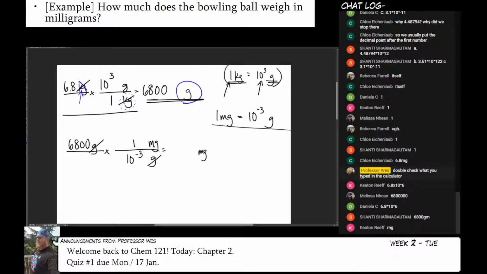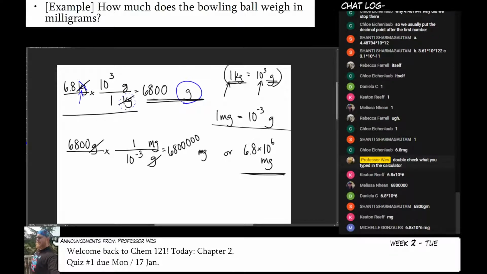And so when I punch this into the calculator, what I get is 6,800,000, or 6.8 times 10 to the 6 milligrams. All right, very good.